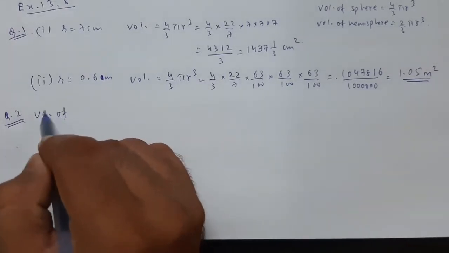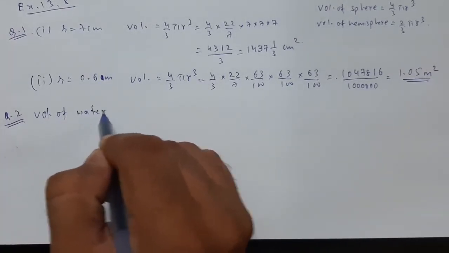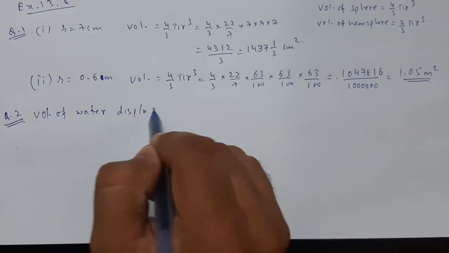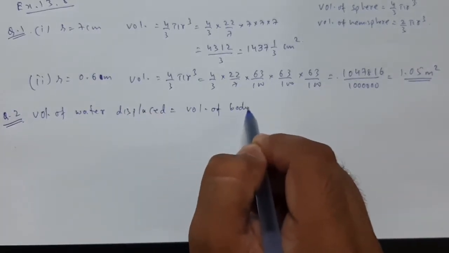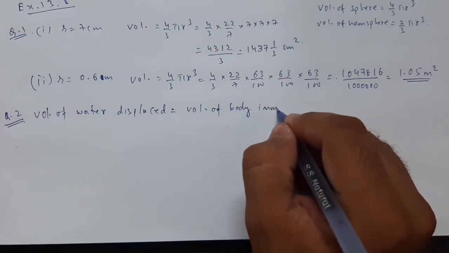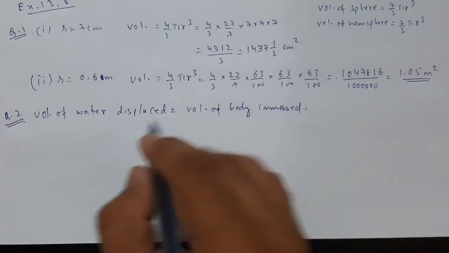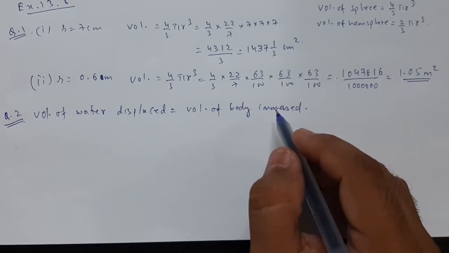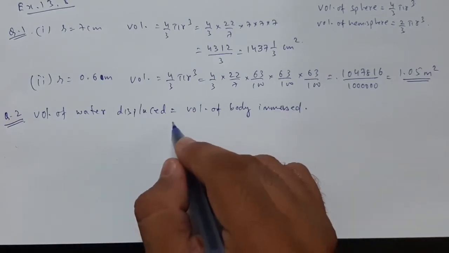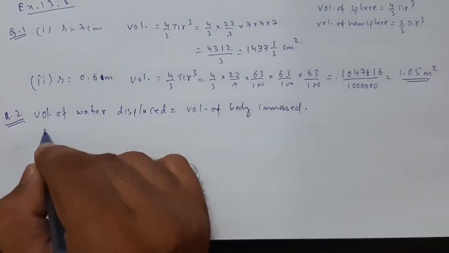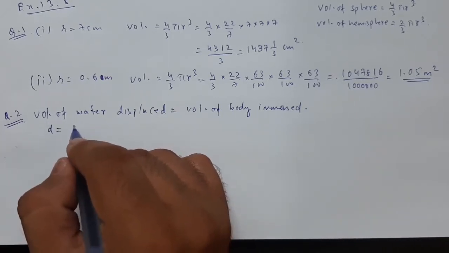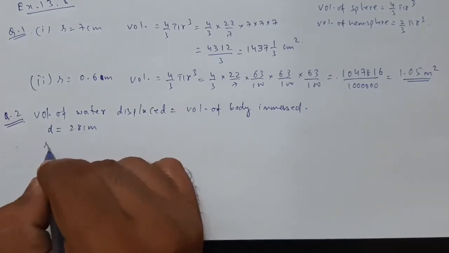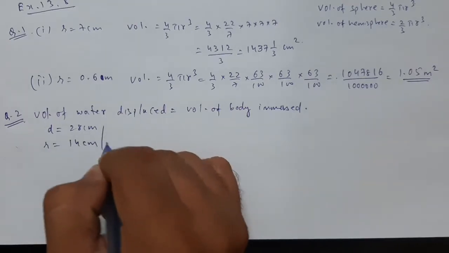Volume of water displaced or any liquid displaced is equal to volume of body immersed. So we have to find volume of the spherical ball, and diameter is given to us. Diameter is equal to 28 centimeter. So radius will be 14 centimeter.